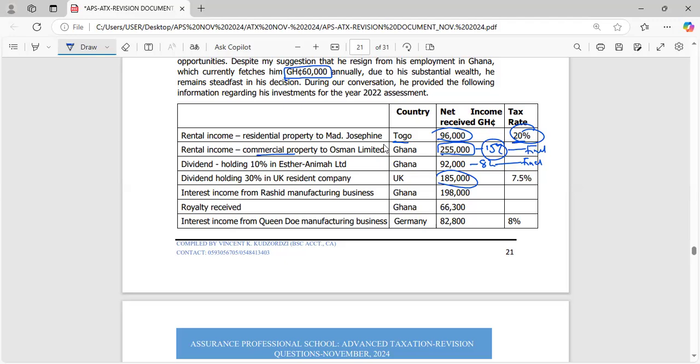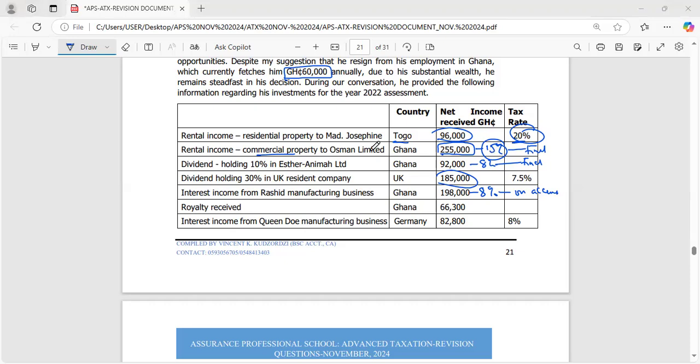Revise them. It's 8%. Final or on account? This is on account. So are we going to add this amount? Yes. You are going to add it, right? Yes. Okay.